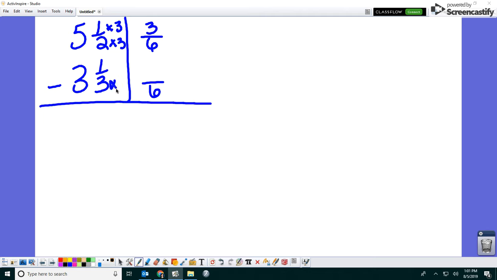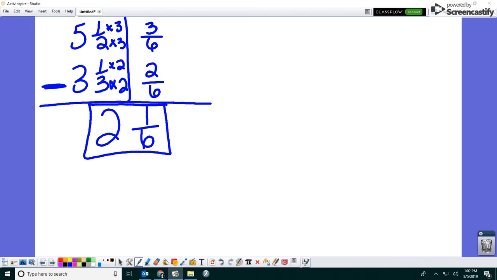And I know I can multiply 3 to also equal 6 easily. Now I have to subtract. Remember to put your sign out here so that you can remind yourself what you're doing. So 3 minus 2 is 1/6, and then I come back to my whole numbers. 5 minus 3 is 2. So my whole answer is 2 1/6.